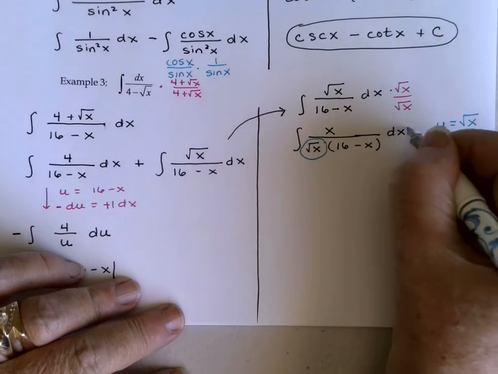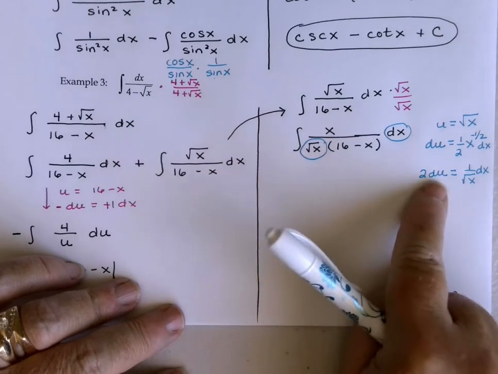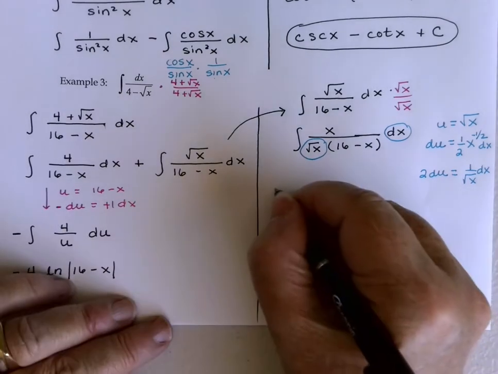Notice that square root of x in the denominator and that dx can now be replaced with a 2 du. So I'm in pretty good shape there, right? Let's do that.